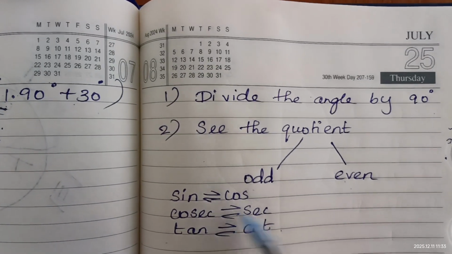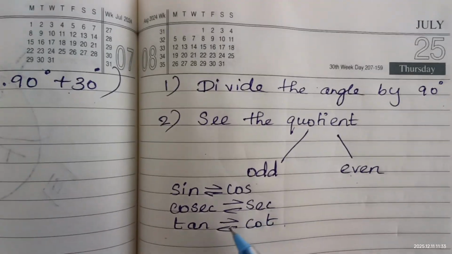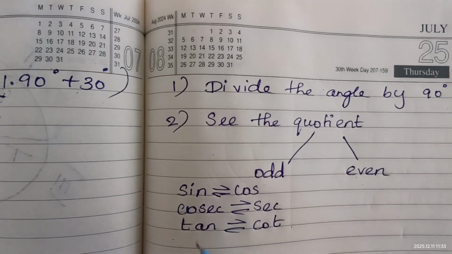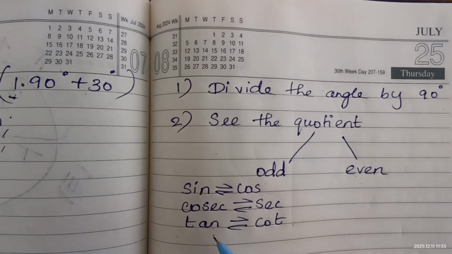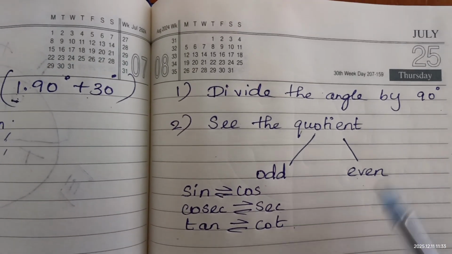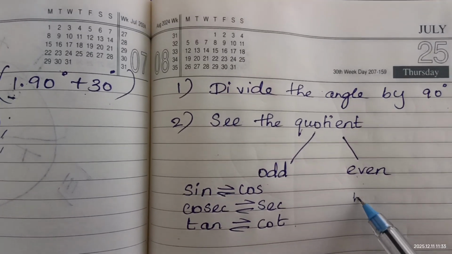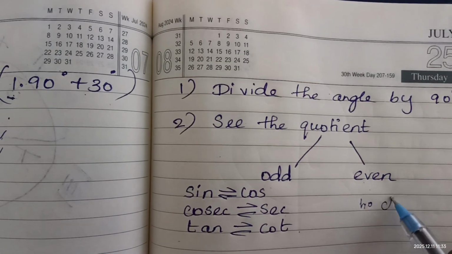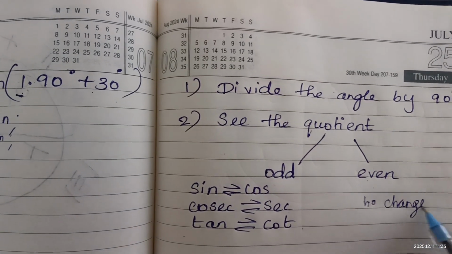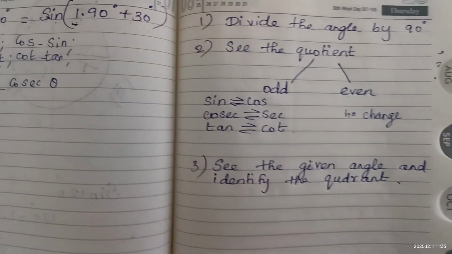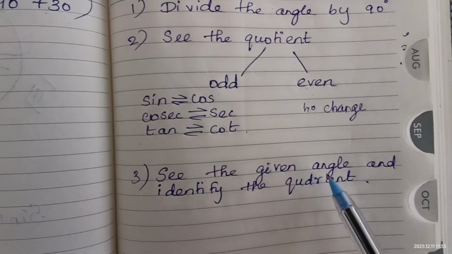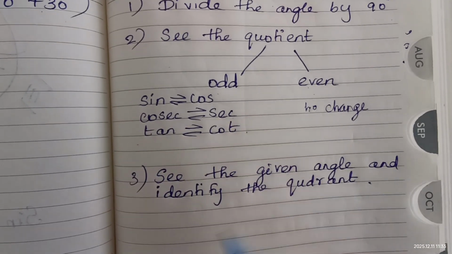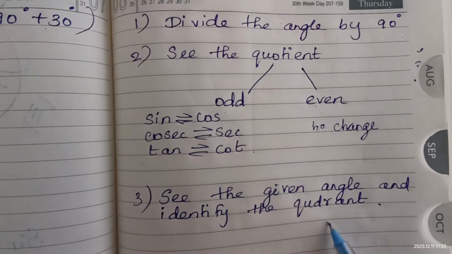Cosecant changes to secant and secant changes to cosecant. Tan changes to cot and cot changes to tan. If the quotient is even, there won't be any changes. That means no change. Okay. And the third step is we have to see the given angle and identify the quadrant.